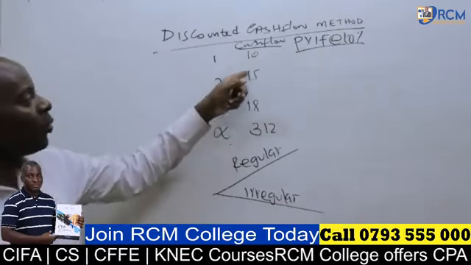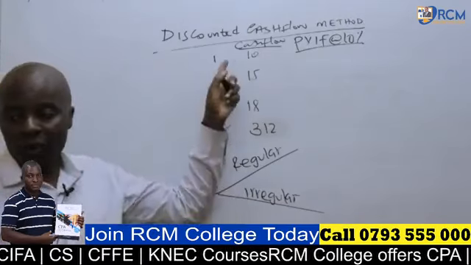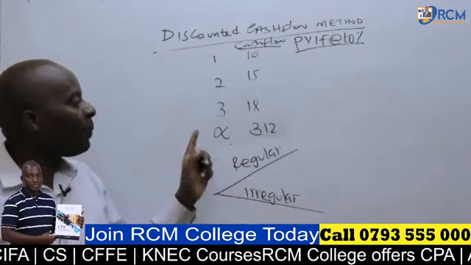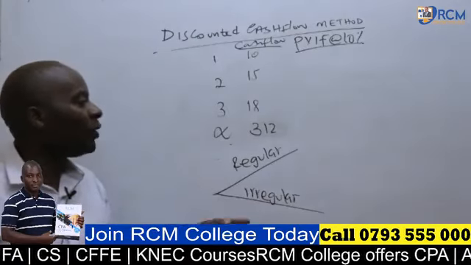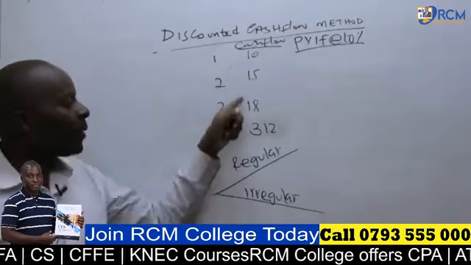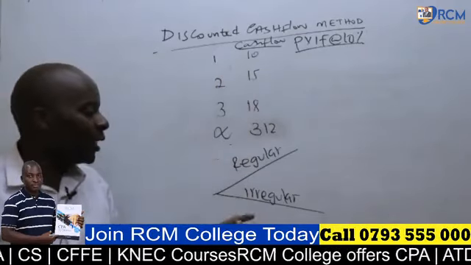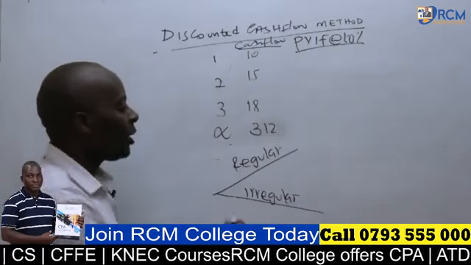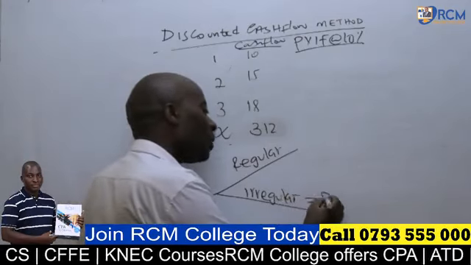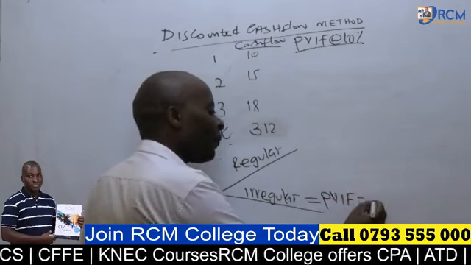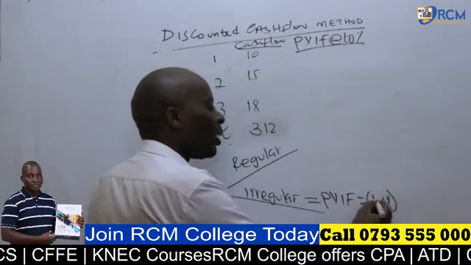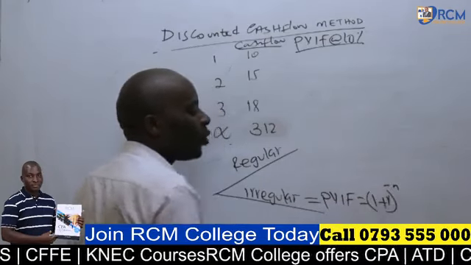Irregular are like the ones that we have here, ladies and gentlemen, which are fluctuating. They are different. They are irregular. For irregular, we normally discount these using the PVIF, whose formula is 1 plus R raised to what, somebody?